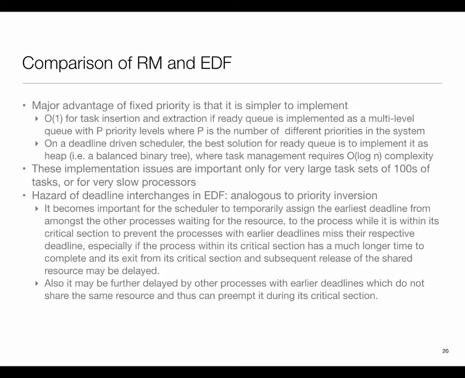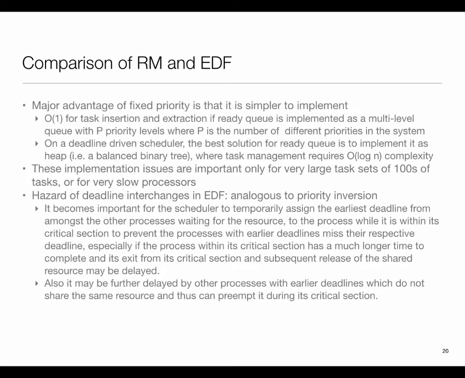The major advantage of fixed priority, which is rate monotonic and other fixed priority assignments, is that it's a lot simpler to implement, because you don't have to change the priority at runtime on a continual basis, and therefore both in terms of hardware and software realization, it's a lot easier to do.